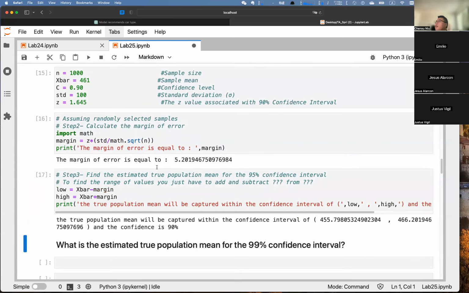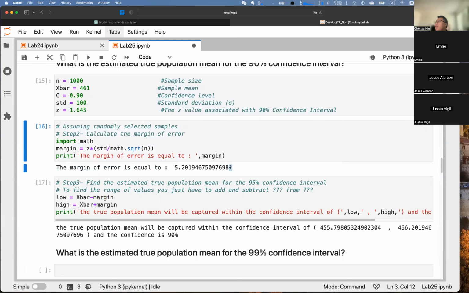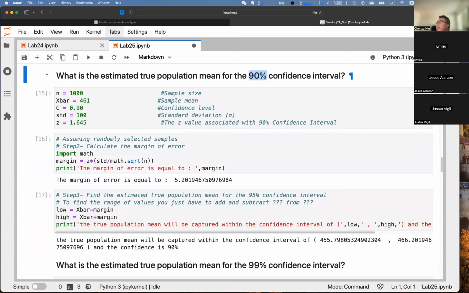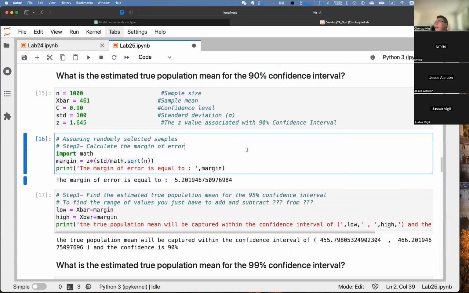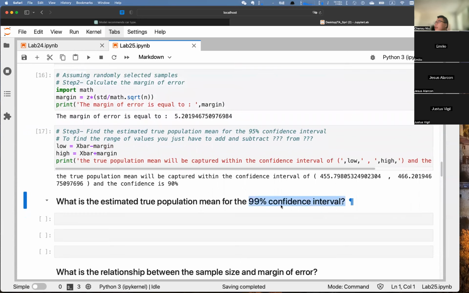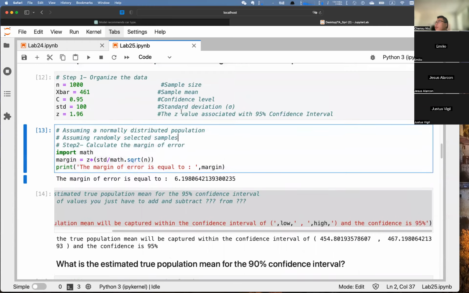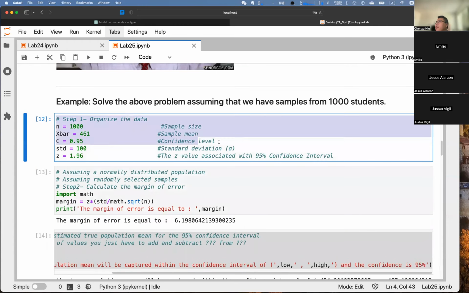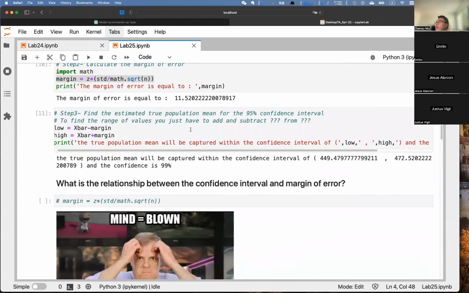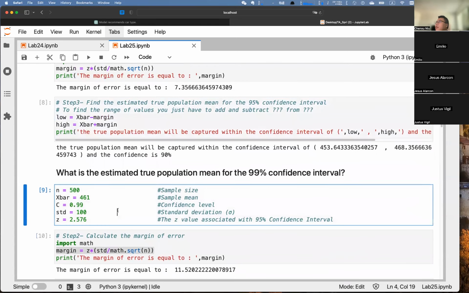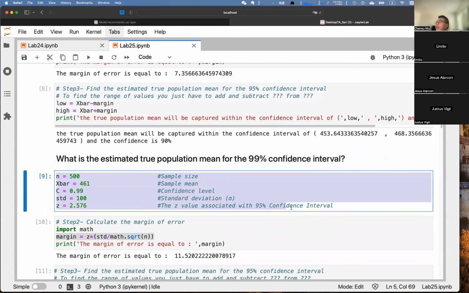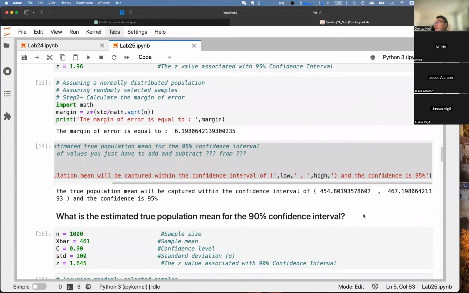The margin will be smaller, right? The margin will be smaller for the 90% confidence interval. After that, the next example, the 99% confidence interval, you can use this one. Oh, sorry, not this one. This one, right? So C is 99, and the Z value would be 2.5.